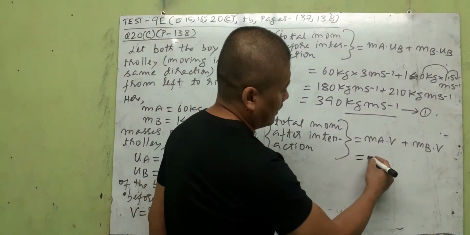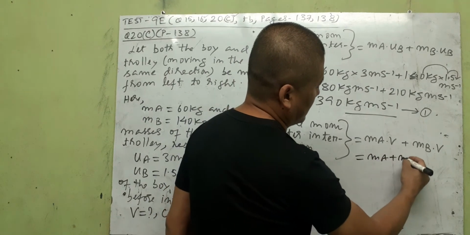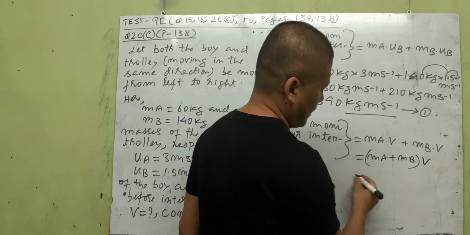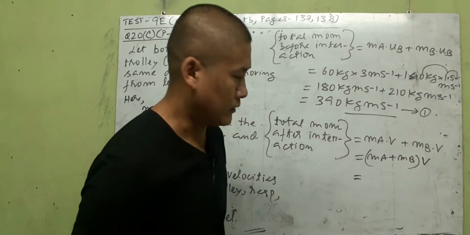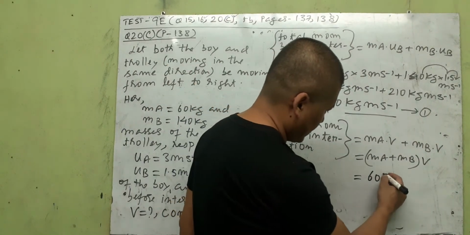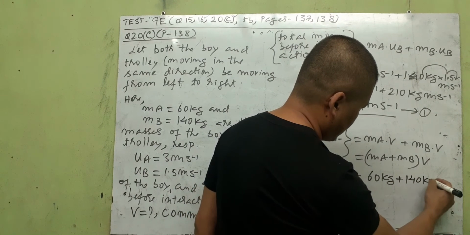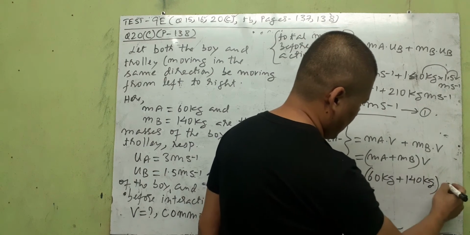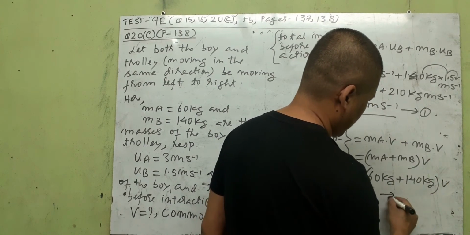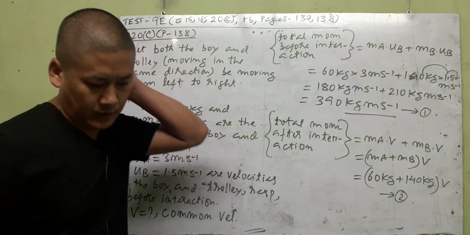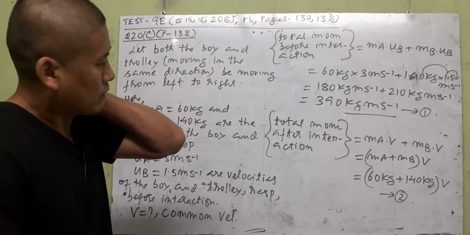So (MA plus MB) times V. Then 60 kg plus 140 kg for the trolley, and V we don't know yet, so let us put this as equation 2. They're asking us just for the combined velocity. Yes, so we have to calculate that.